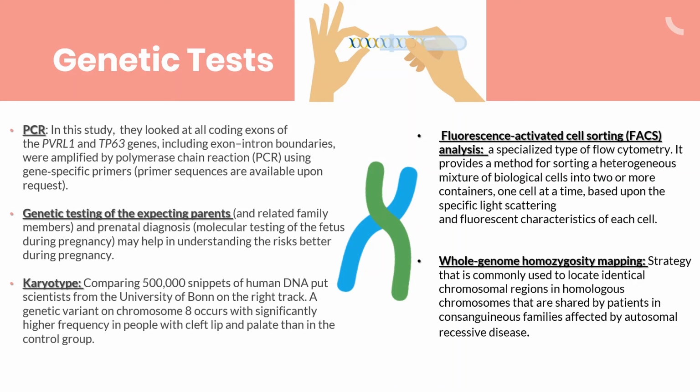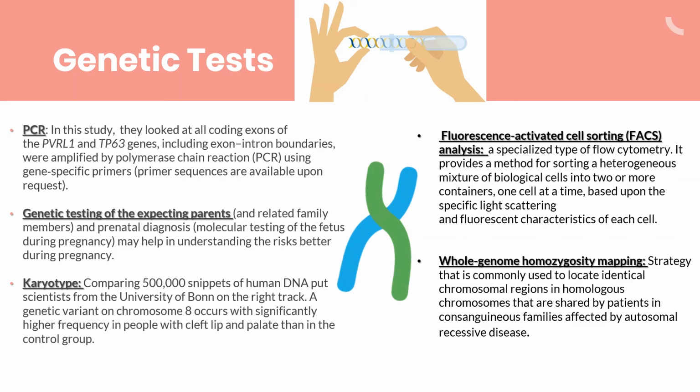Another test that you could do, if you were a doctor or a dentist, is to tell your patient to go see someone for these genetic tests, or you would run them yourself. You could do genetic testing of expecting parents. If someone's pregnant, you could get a prenatal diagnosis, and it can help to understand some of the risks better during pregnancy.